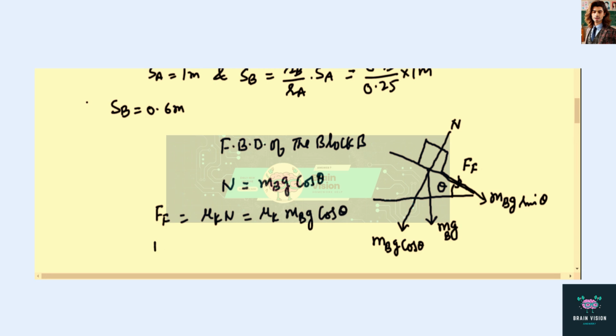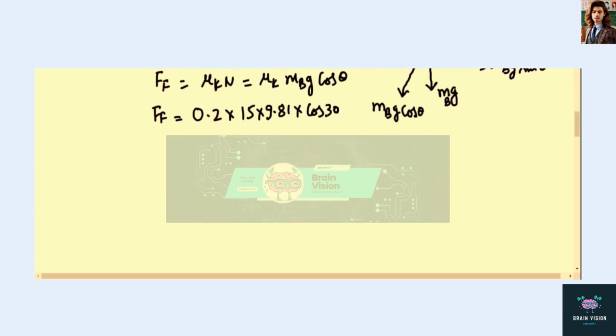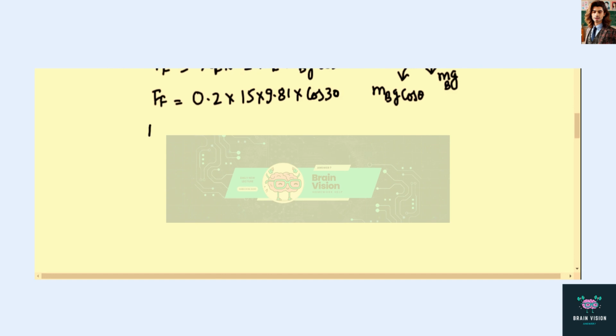Substitute the value. Mu kinetic friction is given 0.2. Mass of the block is 15 kg. G is 9.81. Cos of 30. So on solving it, you will get force of friction to be 25.487 Newton.